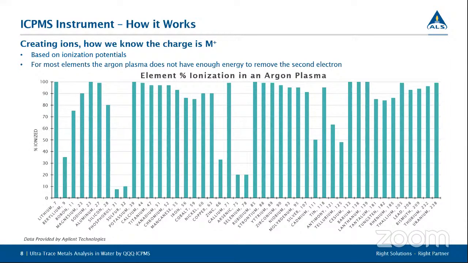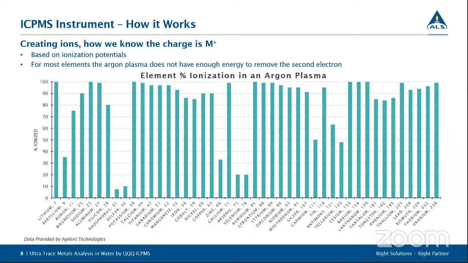This chart shows you how much of each analyte is ionized in the argon plasma, which will usually create a +1 charge. The majority of elements are between 80 and 100% ionized in the argon plasma. The elements that are less than 50% ionized have first ionization potentials above 8.9 electron volts, and those are arsenic, beryllium, cadmium, phosphorus, selenium, sulfur, tellurium, and zinc.